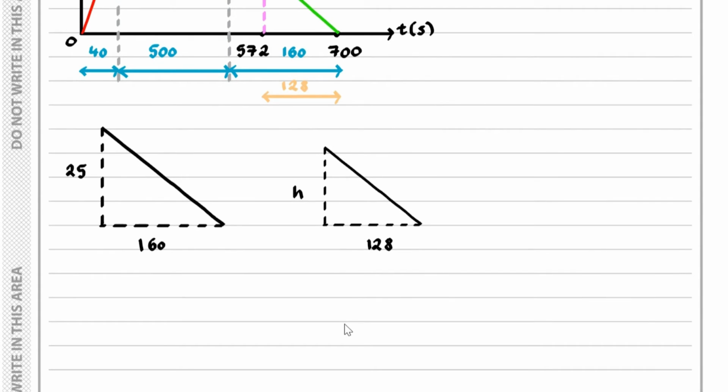And so we have 25 over h equals 160 over 128.